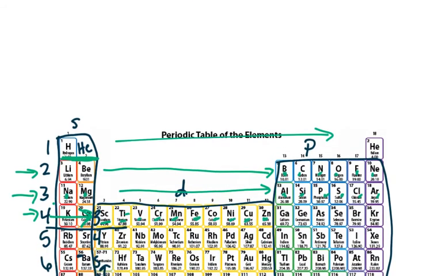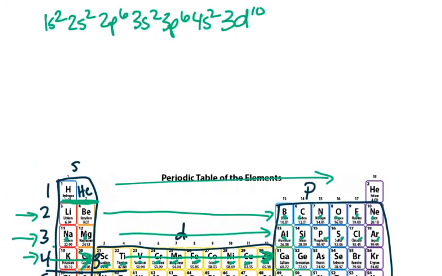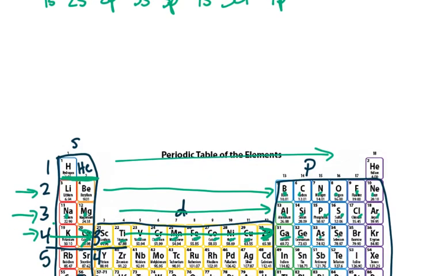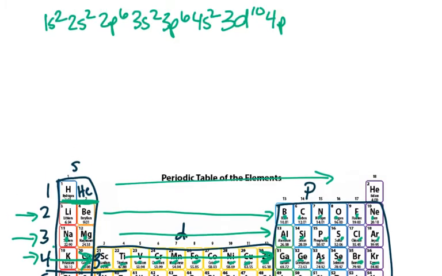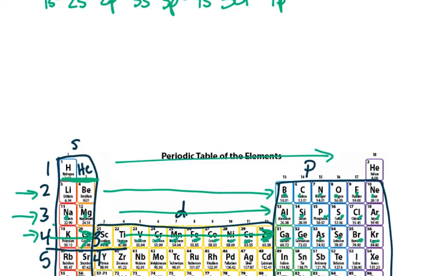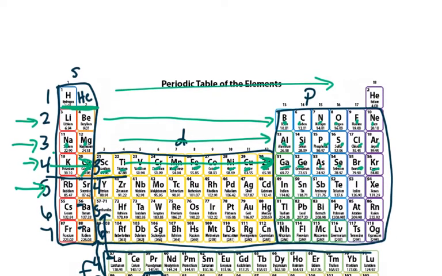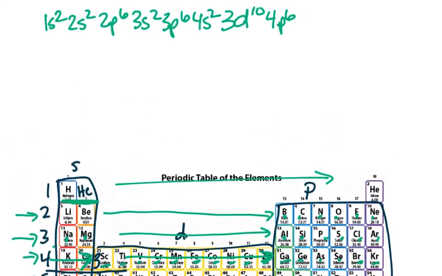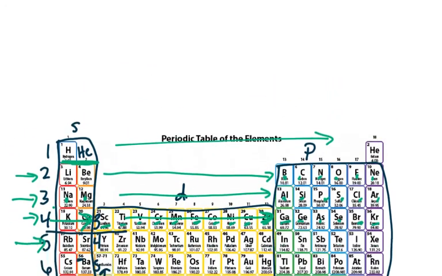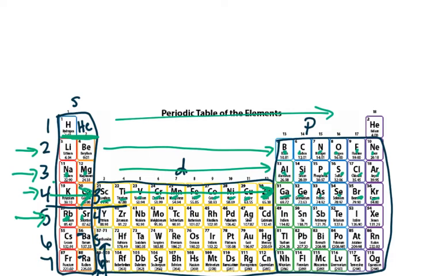And then as I move past d, I'm going back into p. And remember, the energy levels match s. So I'm going back into the 4th energy level, and I'm on 4p. And how many electrons? 1, 2, 3, 4, 5, 6. So 4p6. Now I'm going down a level again into 5s. So 5s, and I have 1, 2.